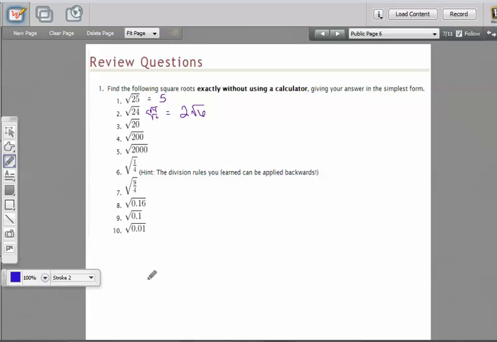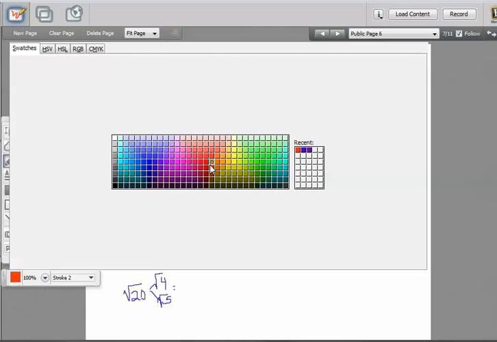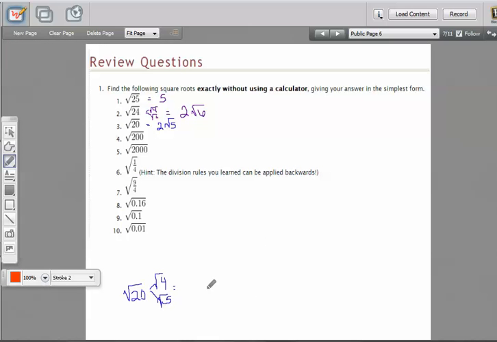For number 3, I'm going to kind of work on the bottom here so I don't run out of room. 20 can be broken down into 4 times 5. And we know the square root of 4 is 2. So we have 2 square root 5. For number 4, the square root of 200, that is 2 times 100.